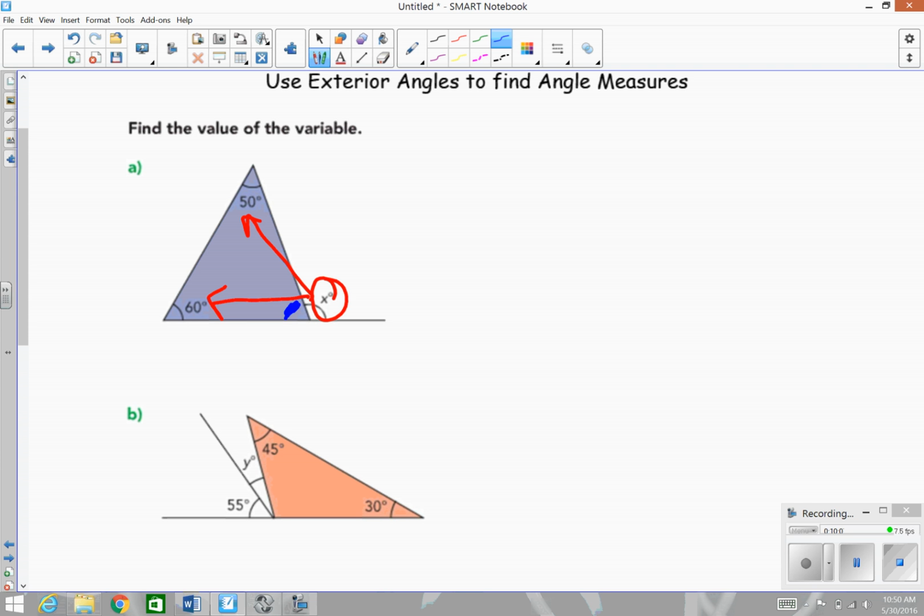So this is adjacent, this is right next to x. That's the angle we're not using. We're going to use the 60 and the 50. So very simply, we can just say that x equals 50 plus 60. And the reason that that's true is because it's an exterior angle, and those are the two opposite interior angles. So we have x equals 110 degrees.